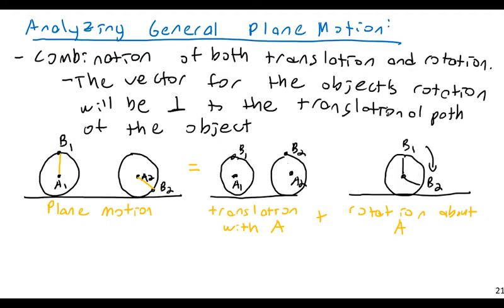This thing is going in a path, but if I use my right-hand rule, the vector for the rotation would have to point into the page. So I can see that the vector for the rotation is perpendicular to the path of translation, just as we described previously.